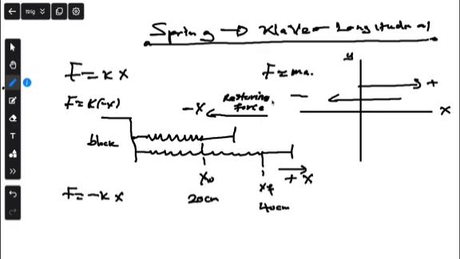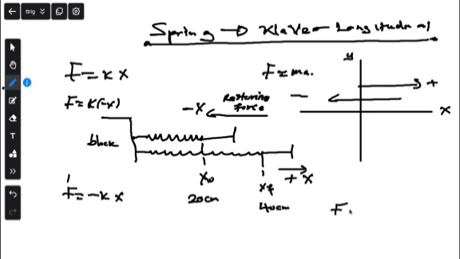So for us to find the maximum acceleration of this spring, we are going to relate it with this one here, because this formula is coming about because the spring wants to come to the original position, which is x initial. So this force is equal to that force.